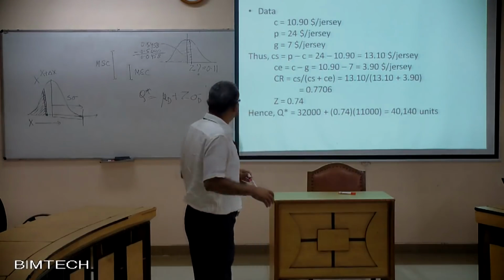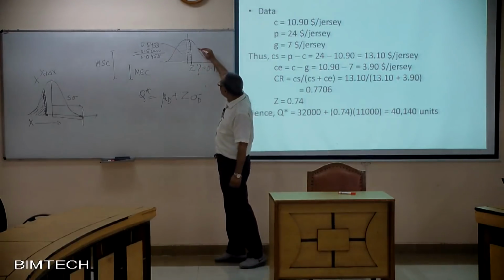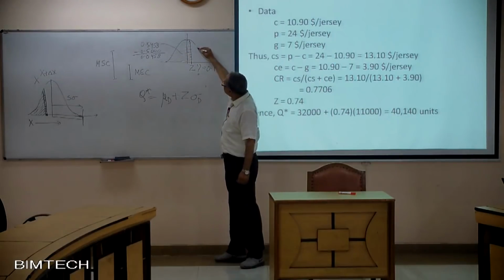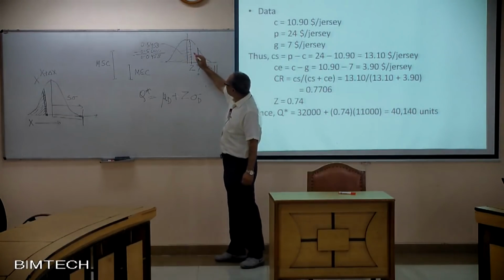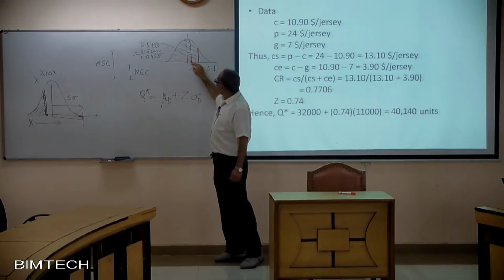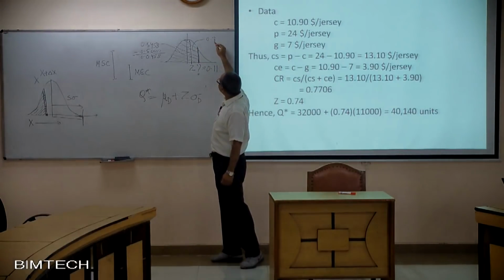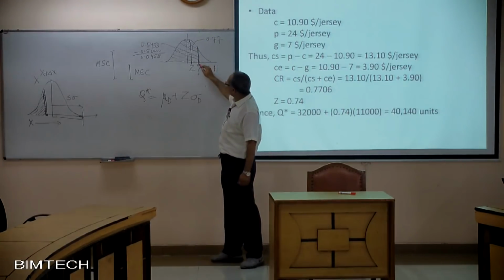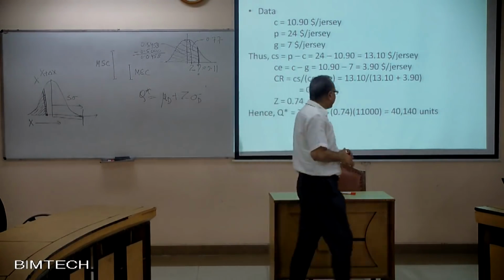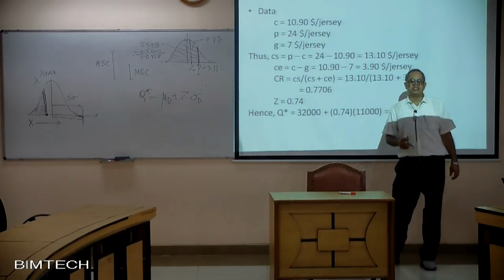Okay? Now, critical ratio increase means what? In the same normal curve, this was 0.54. 0.77 obviously will be somewhere to the right, so that the area till this value is now 0.77. I need to find out what is the Z value corresponding to 0.77, and from there I find that my Z value is 0.74.